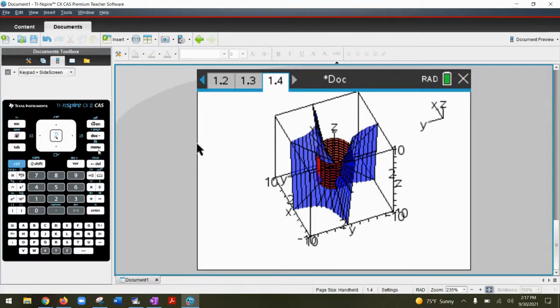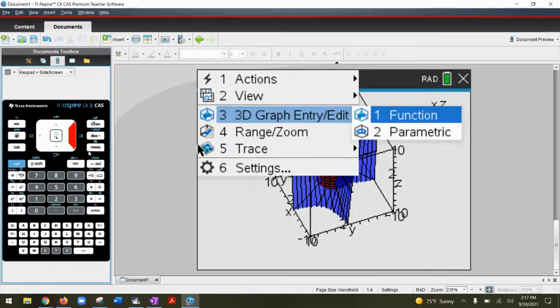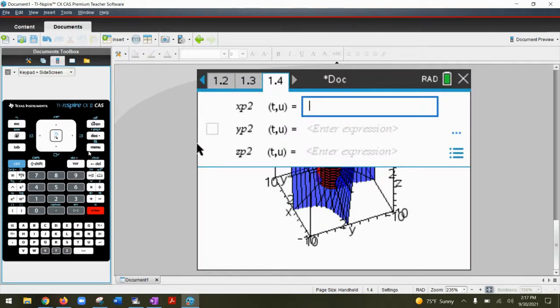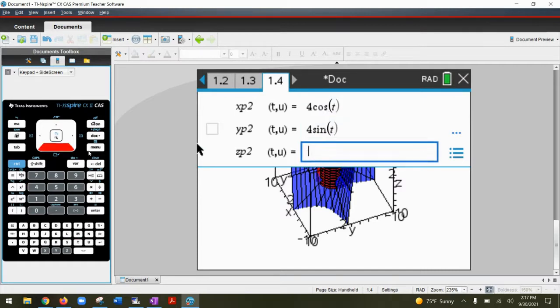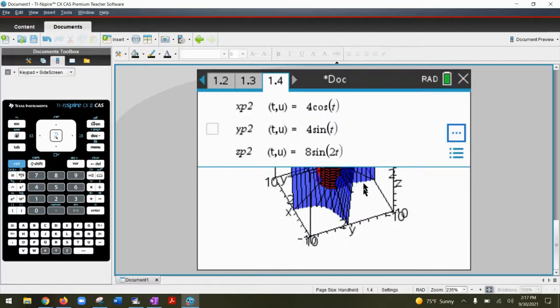Okay, so let's go back to parametric and do, what was it? Remind me, 4 cosine t, 4 sine t, and then 8 sine 2t. Okay, so let's make sure our parameters are set up. They are, and we might not even be able to see the curve, to be honest.